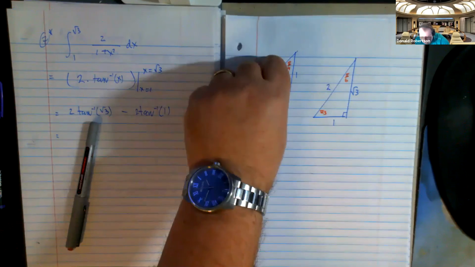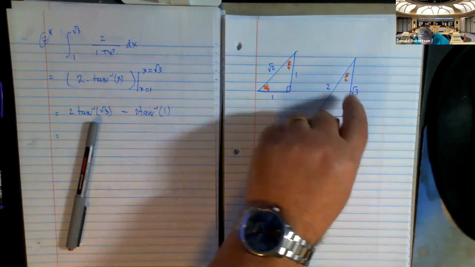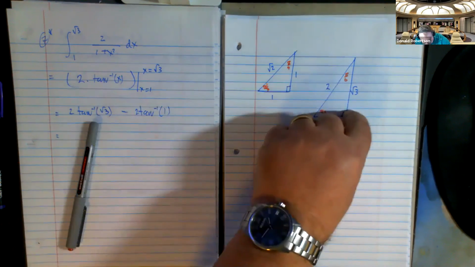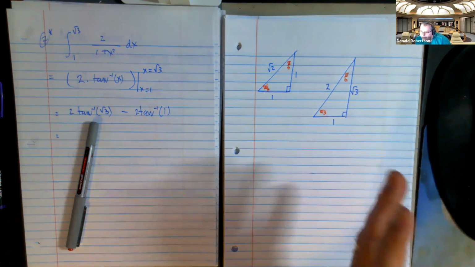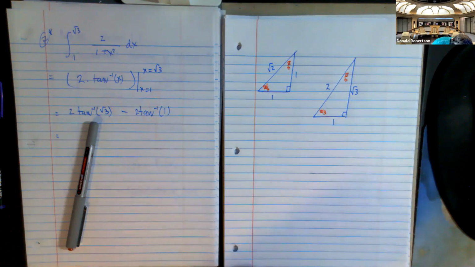So 1, 1, root 2, 1, 2, root 3. Now, if I have these triangles and a bit of paper somewhere at my side, I can use these to get exact values of sines and cosines and tangents. So let me use it for that, and then I'll show you how you can use it for inverse tans.